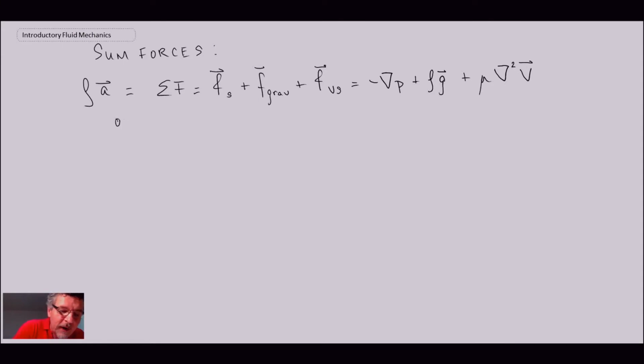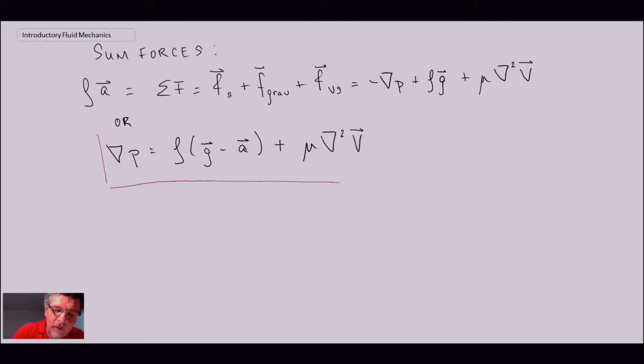So we can rewrite this now. This is the most general form of the fluid static equation.